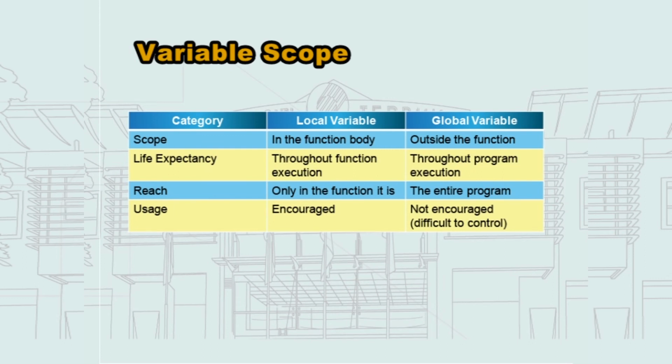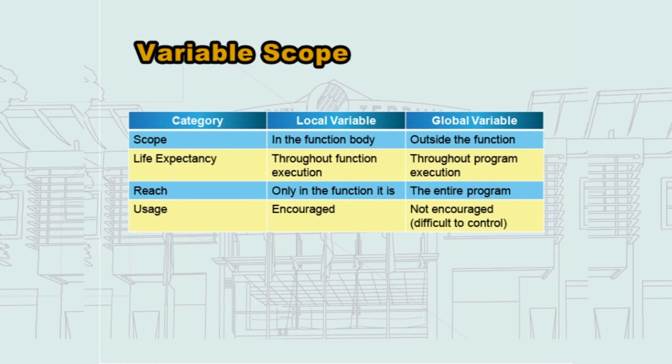The life expectancy for a local variable is only throughout a function execution, but for a global variable, the life expectancy is throughout a program execution. Local variables can be reached only in a function, but not like global variables where you can reach them for the entire program.